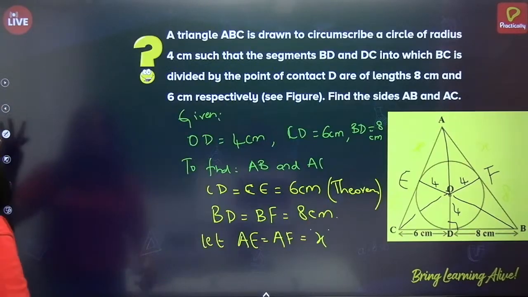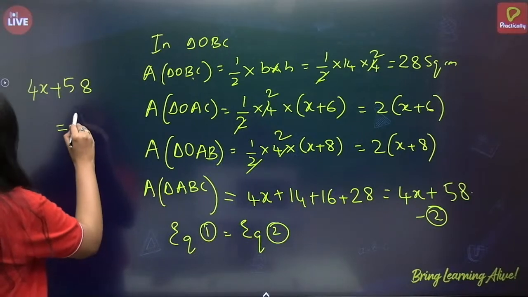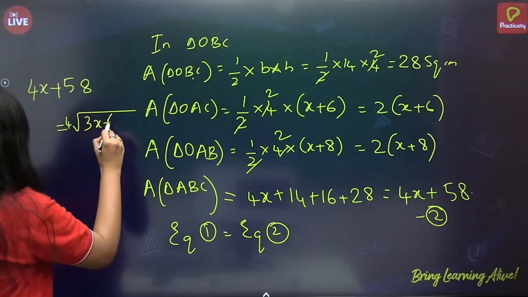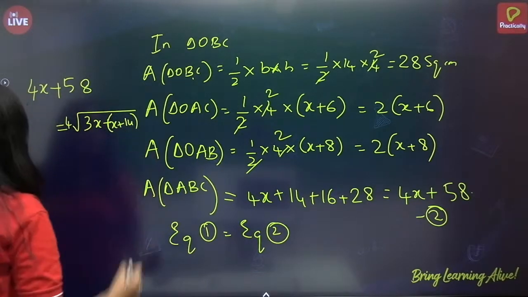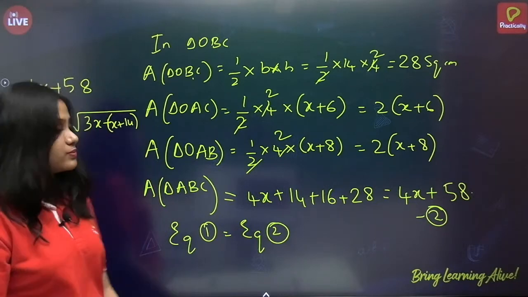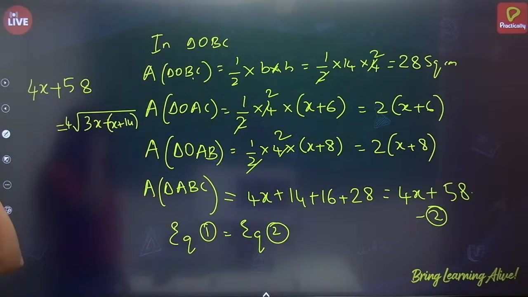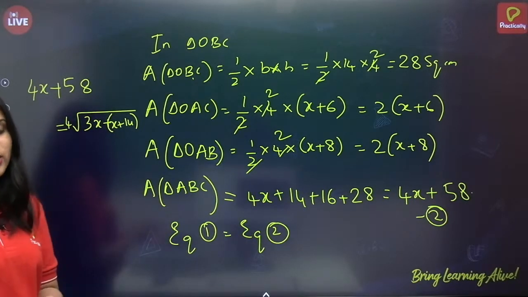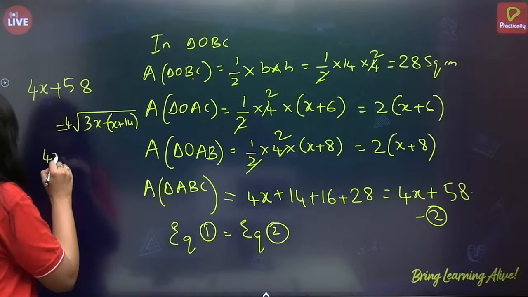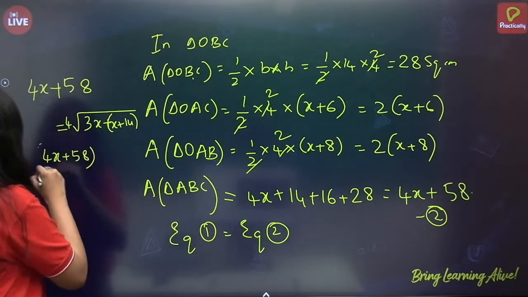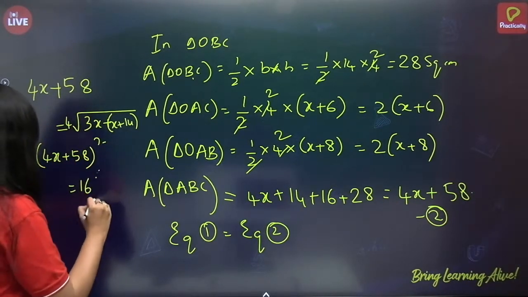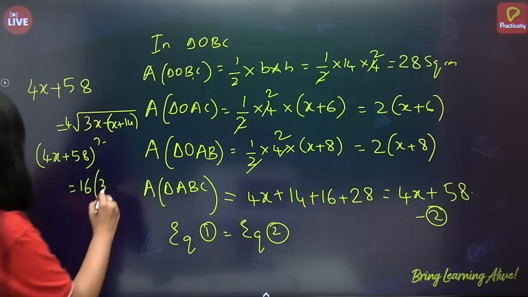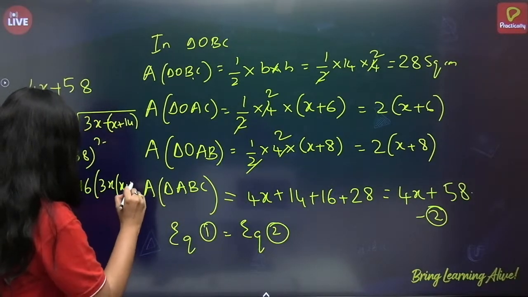Correct? Okay. So now we have equated. So what do we have to do? To remove the square root, let us do squaring on both sides. So 4x plus 56 whole square is equal to 16 times 3x into x plus 14. Correct? 3x into x plus 14.